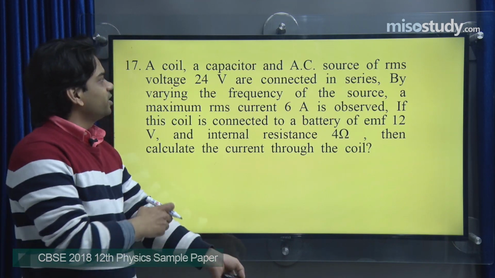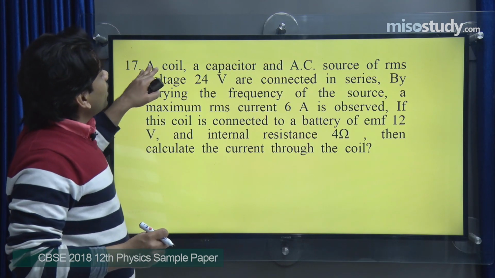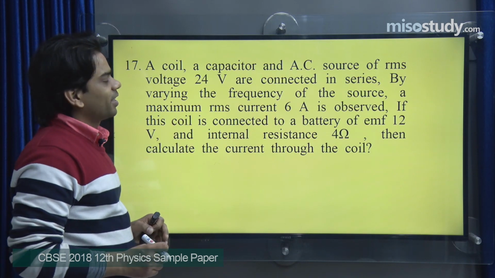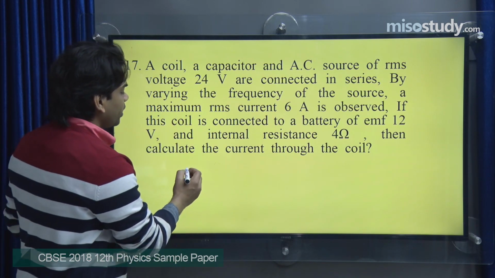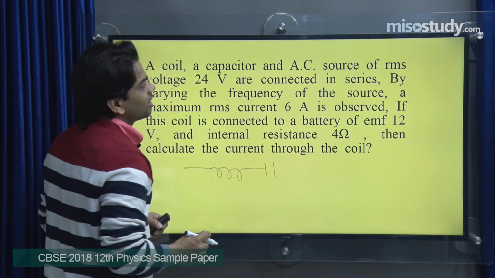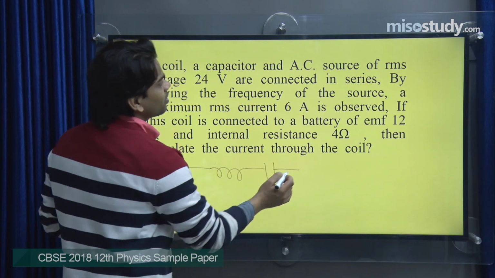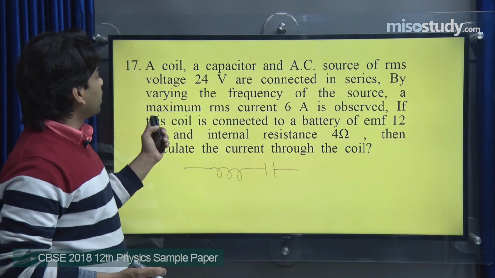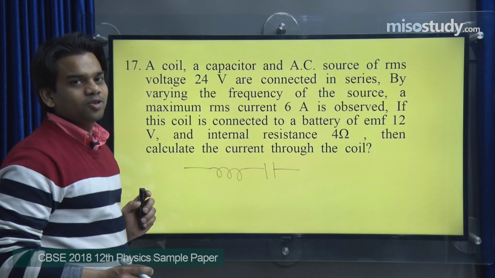Next, question 17. A coil, a capacitor and an AC source of RMS voltage 24 volt are connected in series. So we have a coil and a capacitor connected in series. By varying the frequency of the source, a maximum RMS current of 6 ampere is observed.